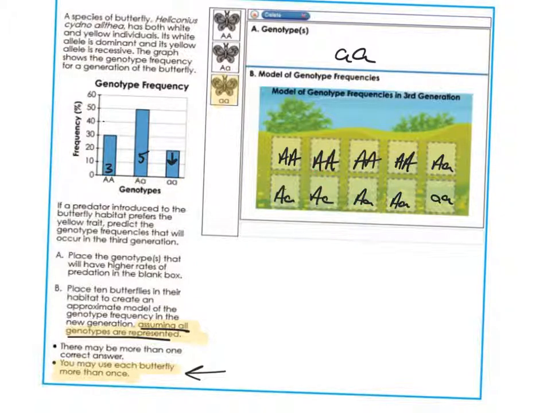So either one could increase. Personally, I would increase the big A, because you're taking out little a's from the population. I'd go ahead and assume that I'm going to have more big A's, just to be safe. But it doesn't matter. You get, and you're both right. You see the bottom? There's more than one correct answer.